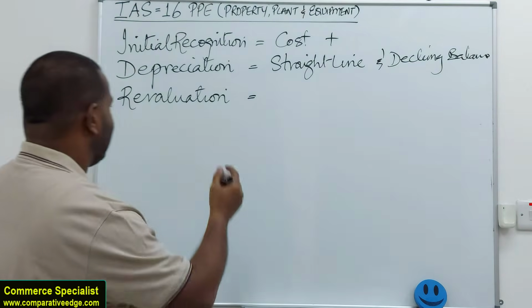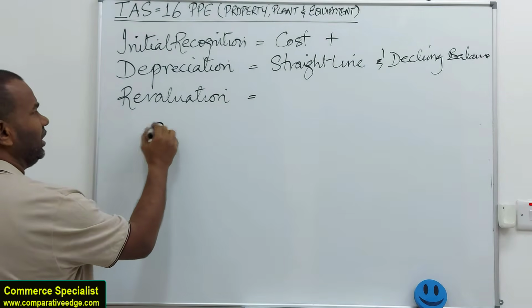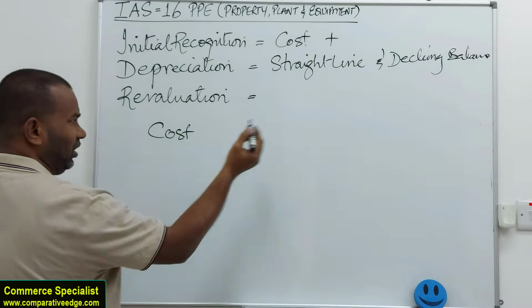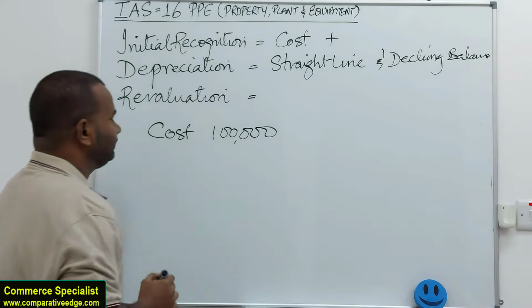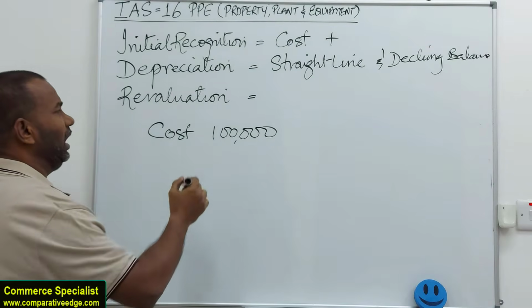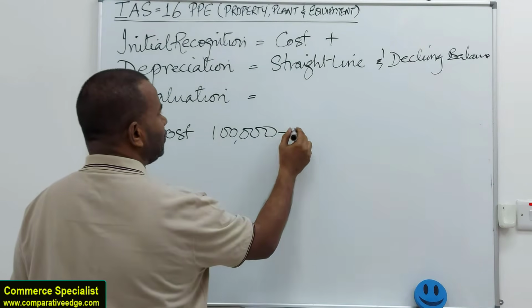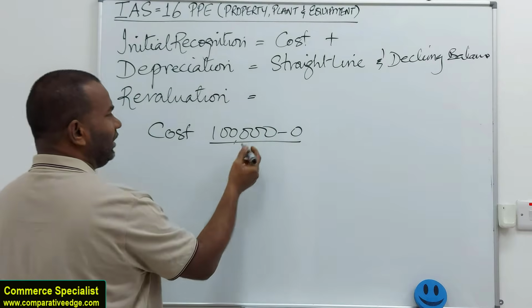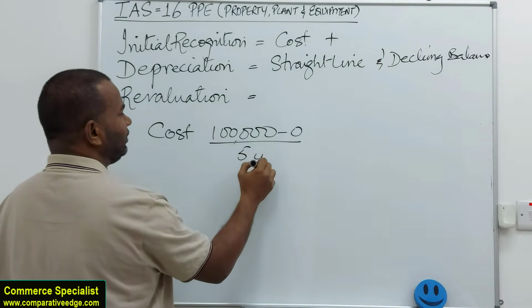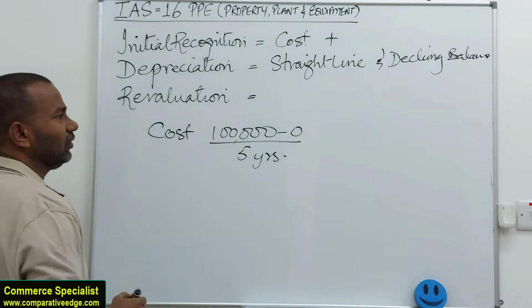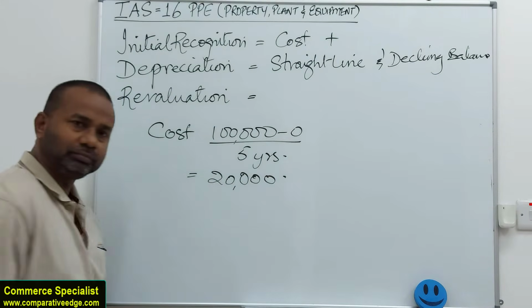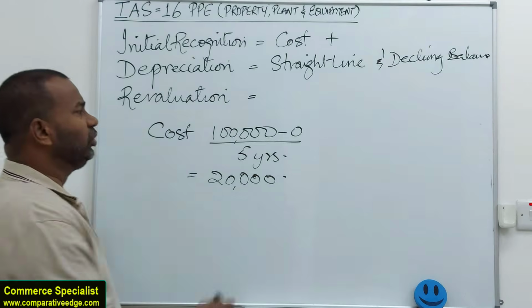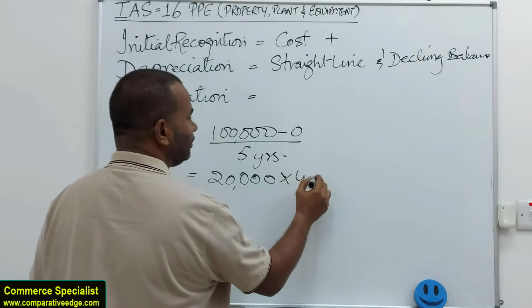For example, have a look at this. Let's say you purchased a non-current asset for 100,000. I'm just giving you a simple example. There was no salvage value and the life was, let's say, 5 years. So when you divide, you get 20,000 as annual depreciation. Let's say this asset you used for 4 years.